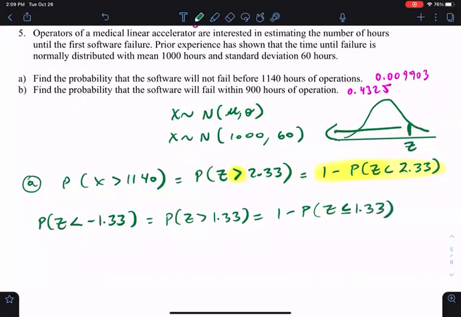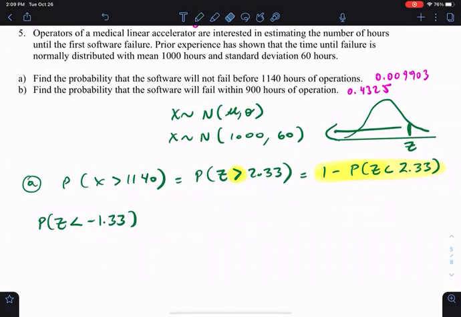You should do that in reality, but since you have the negative value here, no problem. In the table, you have the negative values, so you don't need to worry about that. But here, I couldn't do it that way because the inequality says greater, and it has to be always less than, because we need the area to the left.